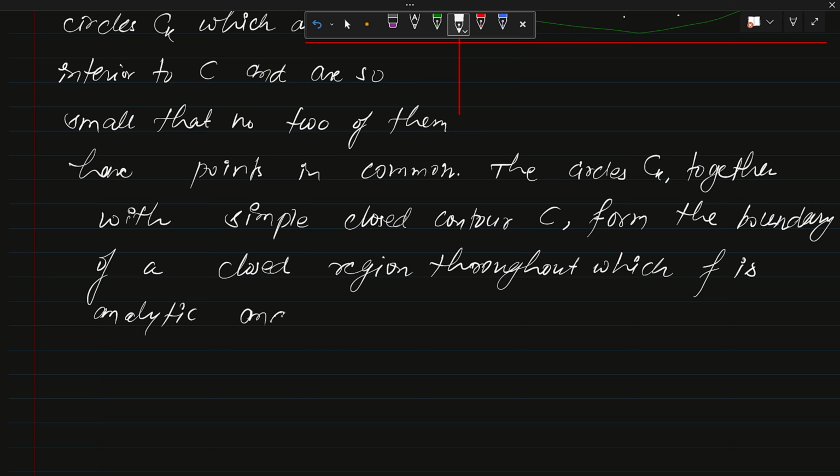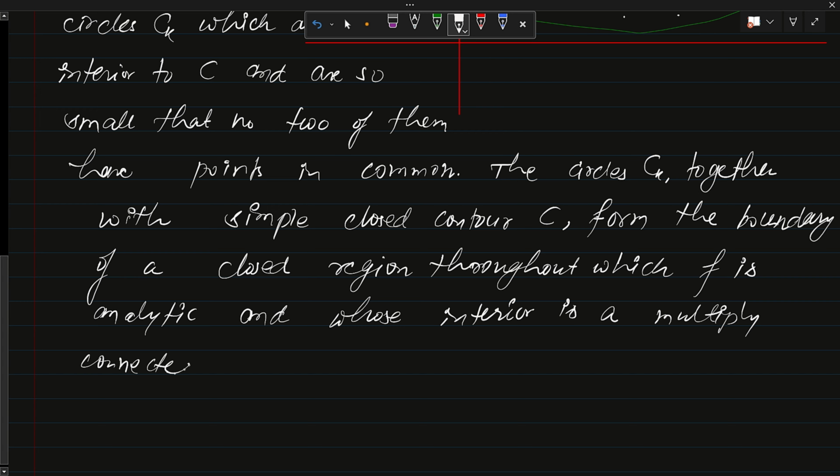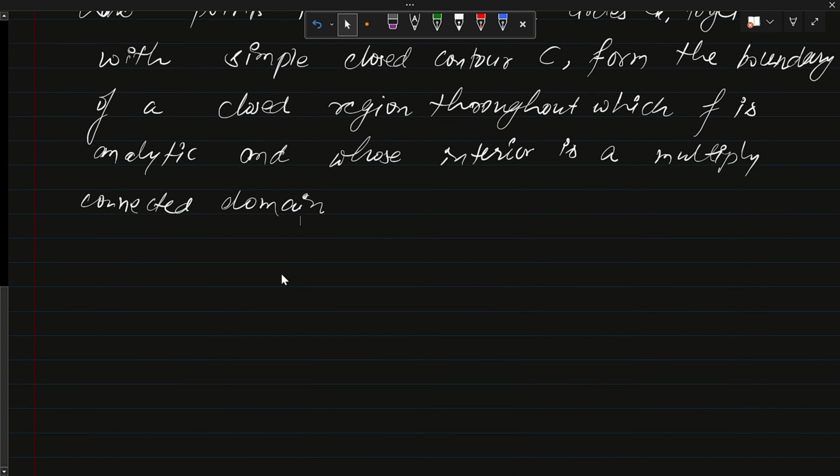and whose interior is a multiply connected domain. This is the discussion from Cauchy-Gauss theorem. Okay, that's why I'm writing directly, because वहाँ पर हमने अच्छे से डिस्कस किया ही था.